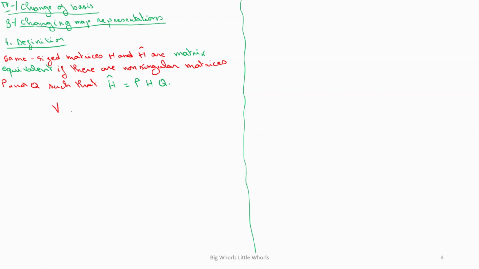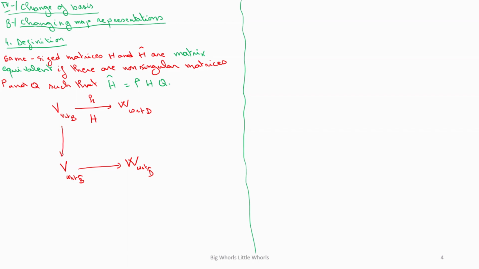Let's say our function h is defined from V to W, from V with respect to a certain base B, and to W with respect to a certain base D. So this is our map H. The matrix representation of that map is big H. Now let's say we want to represent that same map from V again to W, but this time with respect to a different pair of bases: from V with respect to a basis called B hat, and to W with respect to a basis called D hat.